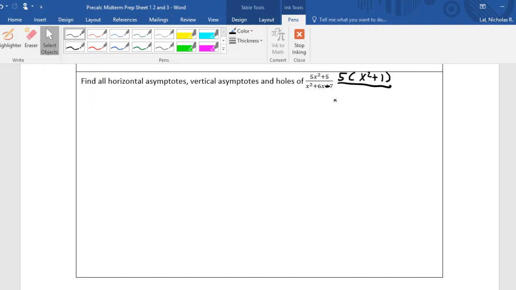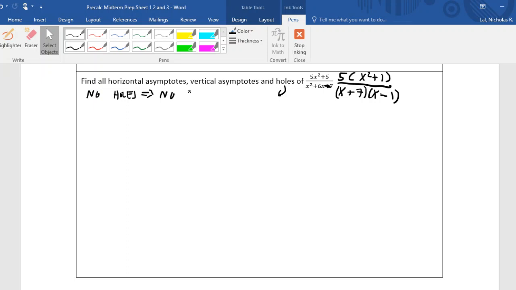I can factor this into x plus 7 times x minus 1. And we can see that there are no holes because no factors cancel out.